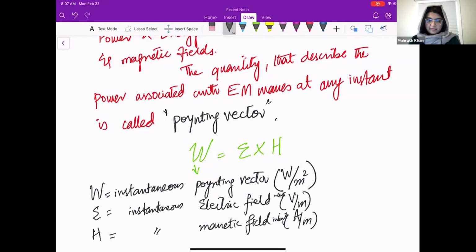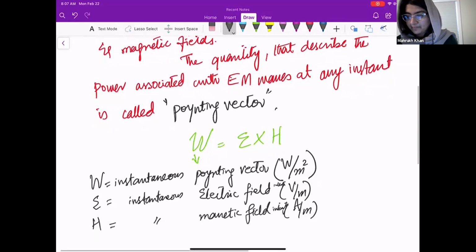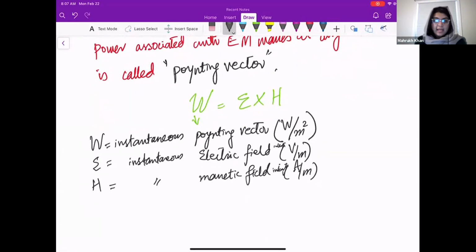So these are the instantaneous values, okay? We are defining at any instant, and we are saying that E cross H is equal to the Poynting vector that is used to transfer power from one particle to another.